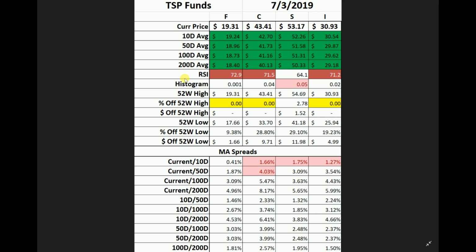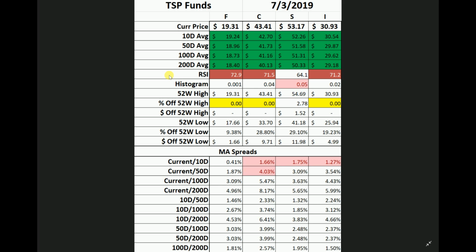Okay, this next indicator here, RSI, is a very, very common indicator that people use. It stands for Relative Strength Index. Basically, it's really a flag to look for possible signs of overbought and oversold conditions.